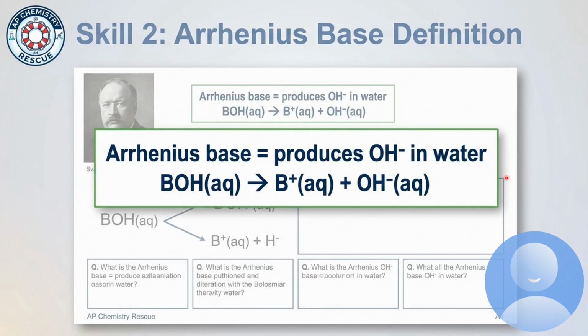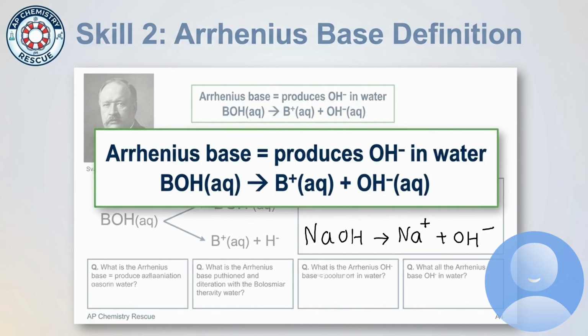So the metal becomes a positive ion and the hydroxide becomes a negative ion. Na becomes Na plus because it loses an electron, and OH gains an electron, so it becomes OH minus.